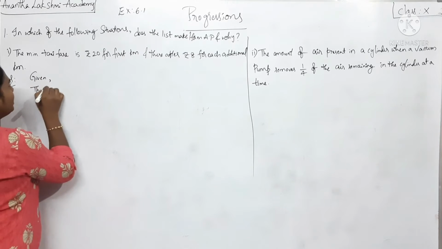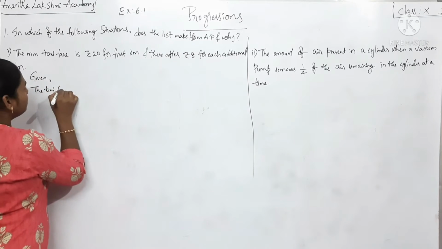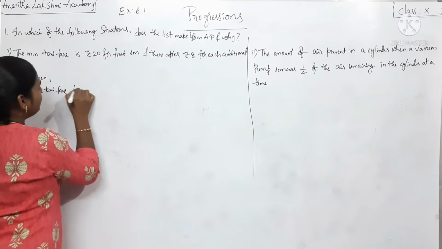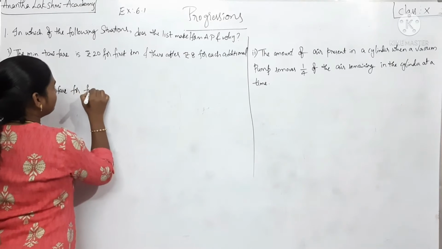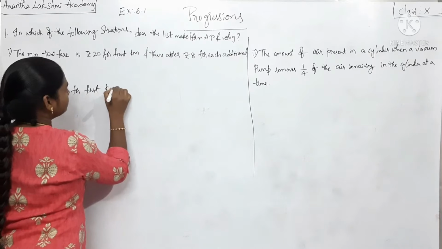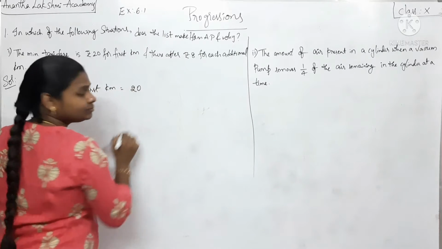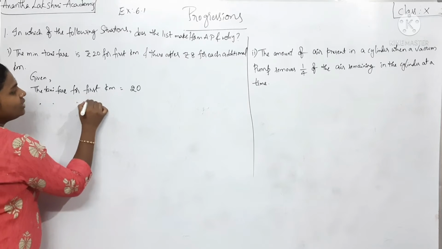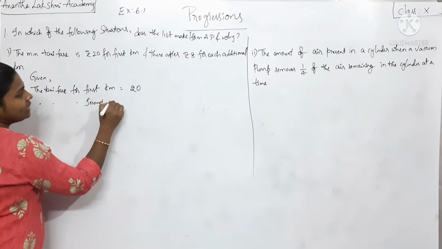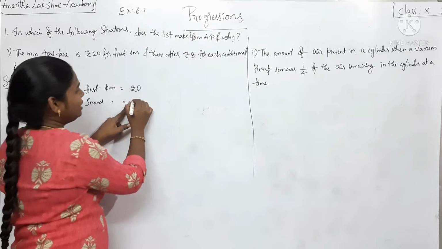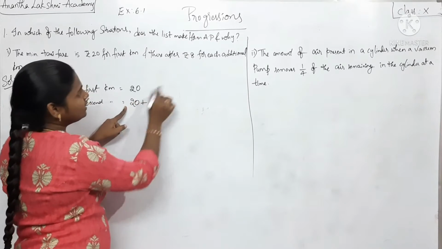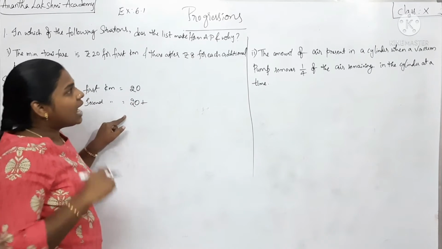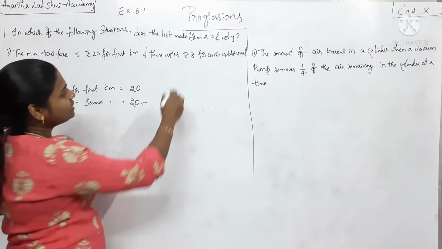The taxi fare for the first kilometer is nothing but 20. For the second kilometer, the taxi fare is the minimum fare plus the additional charge of 8 rupees.